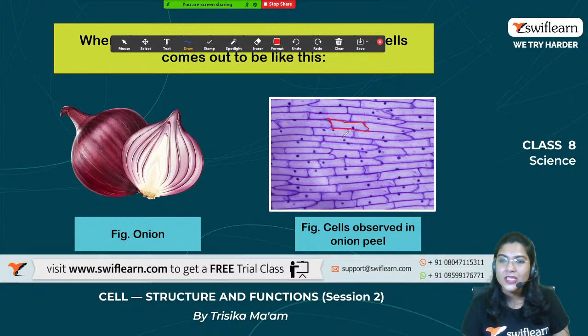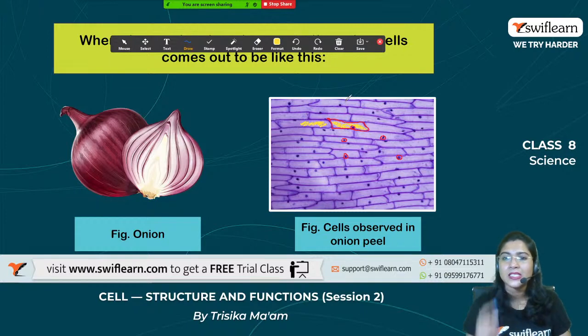Can you see each and every block has small tiny dots? Can you tell me what these dots are? And there are some jelly-like things present within each and every block, right? So can you tell me the names of all these parts?